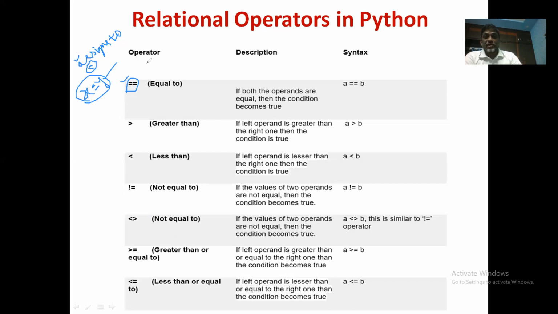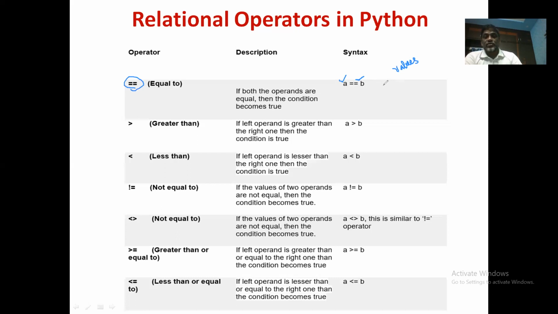Okay, so equal to operator, when used with operands, it compares the values of the corresponding operands. See again, it compares the values of the operands. Every relational operator compares only values of the operands, and then if both operands contain same value, it returns true.